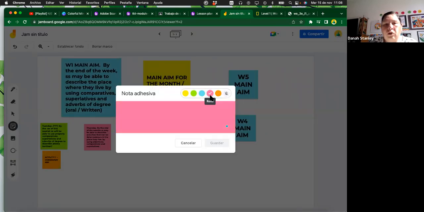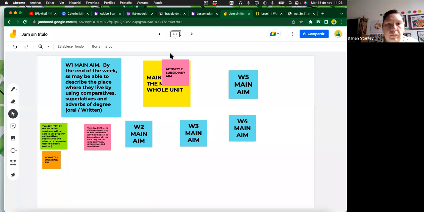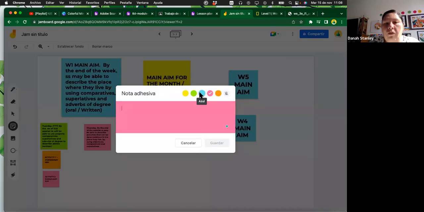So the activity 2, and the activity 3, depending on the number of activities.